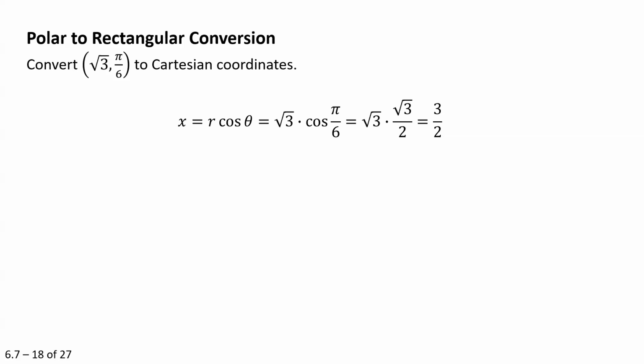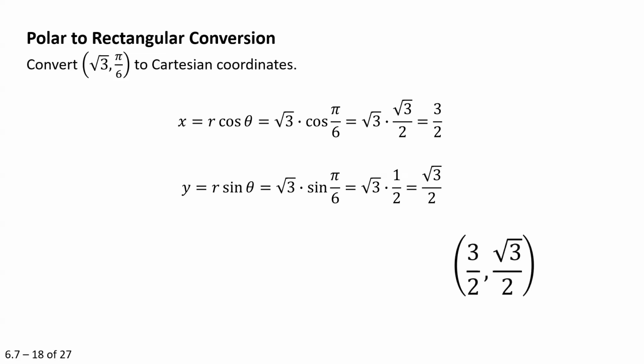And what do you think the y coordinate is? R times sine of theta. As you can see, the first answer we get is 3/2. The second answer is square root of 3 over 2. And so we're able to write this as an ordered pair in Cartesian coordinates.